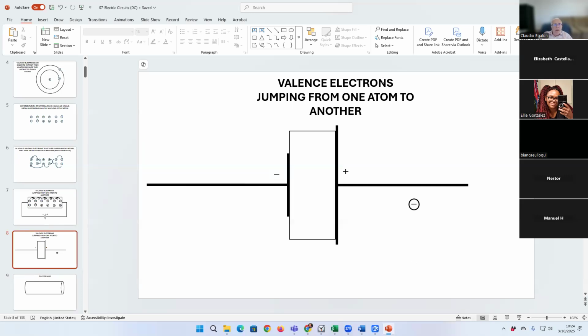So what we have here in between is a chemical power plant capable of separating the negative charges from the positive ones. That's what you have.